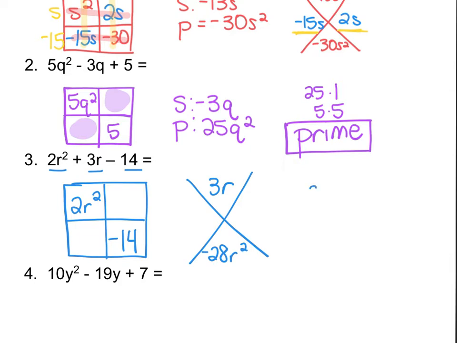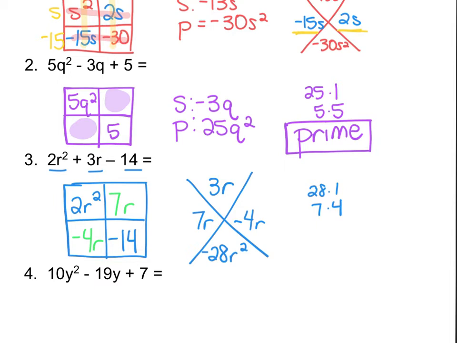So if you need to list the factors, 28 and 1, 7 and 4, could 7 and 4 work? Yes, but we're going to have to make one of them negative. Which one do we make negative to get a positive 3r? That would be the smaller one. So we need a 7r and a negative 4r.